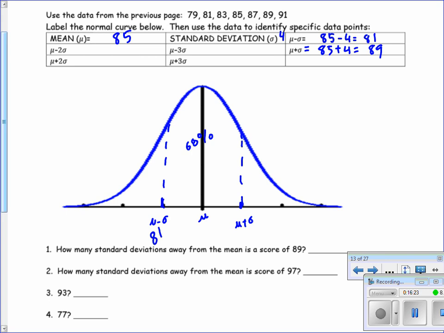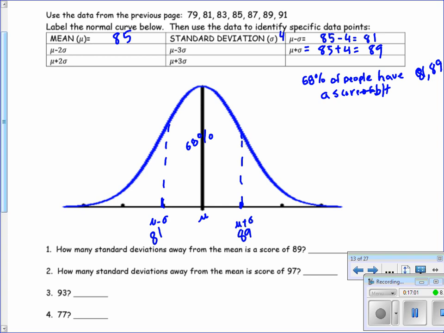Between 81 and 89, well, 68% of the population. So I'm going to write that 68% of people in this class have a score of between 81 and 89.